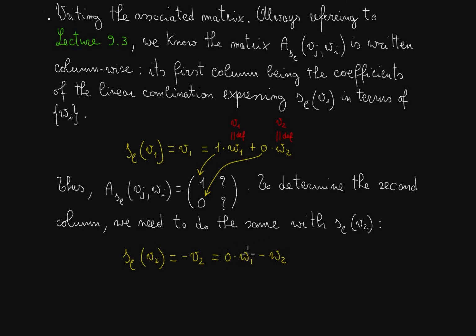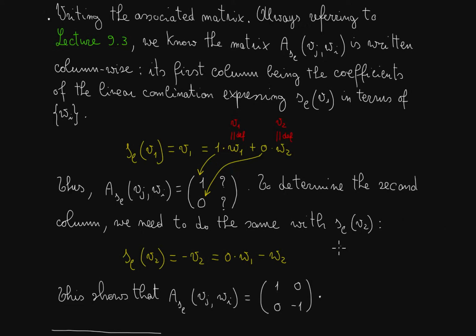Therefore, we immediately see that the component of V1 must be 0, and the component of V2 must be -1. So this shows that the second column of the associated matrix, so these two question marks, are 0, the first, and -1, the second, and the associated matrix with respect to these two bases of the domain and codomain, Vj and again Vi, because Wi have been chosen to be Vi themselves, is this matrix here.